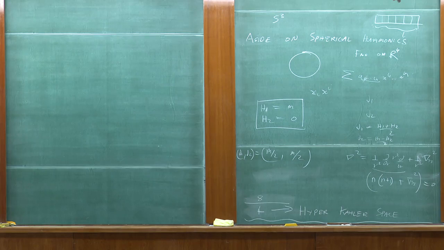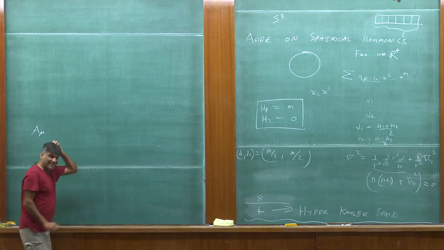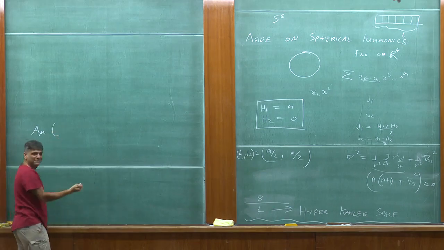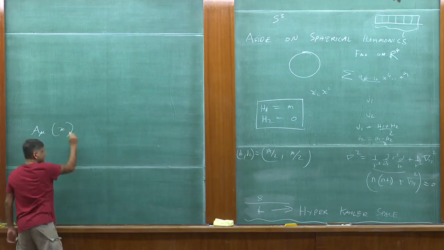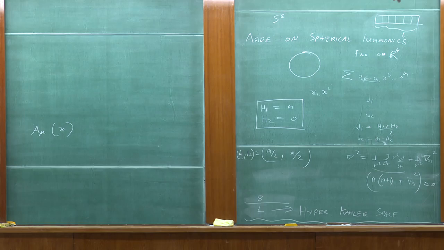So far we've dealt with scalars. Now let us broaden our horizons and deal with vectors. So we want A mu, or one forms, A mu of x. So the first thing we're going to do is to start thinking of these vectors on R4.